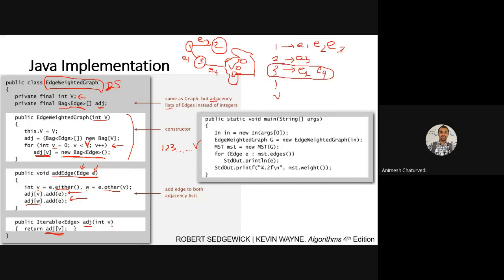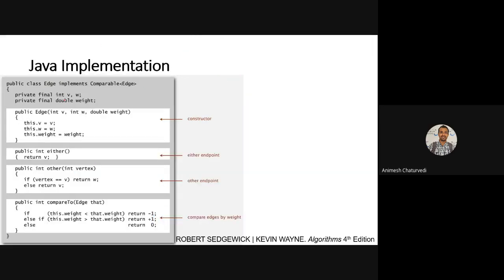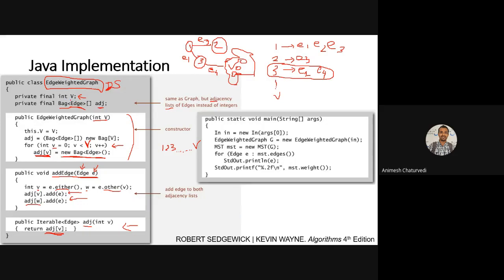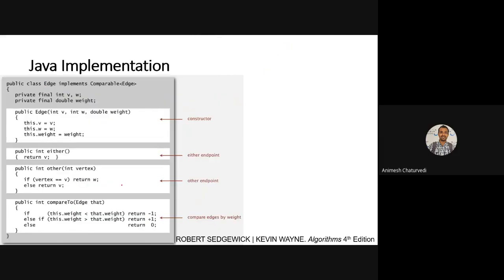So this is what is returned from here. Then next, the edge part that we had discussed, we said we'll discuss this edge so that it can be studied. What is either? This is either. And what is other? This is other.